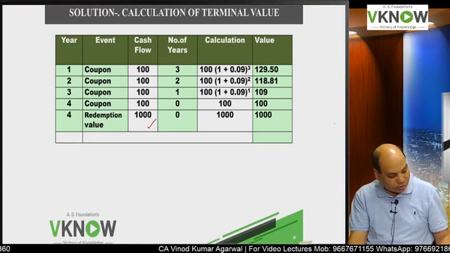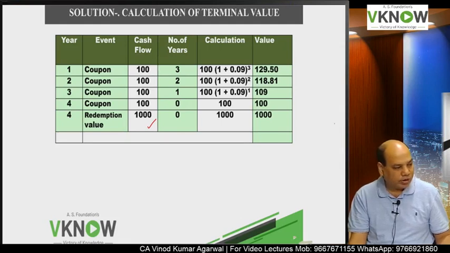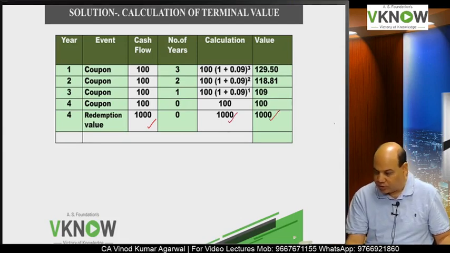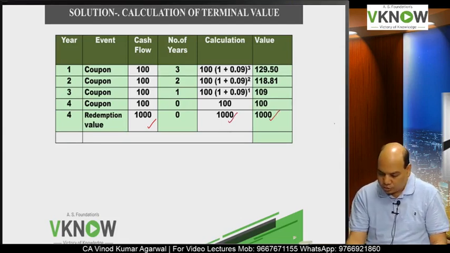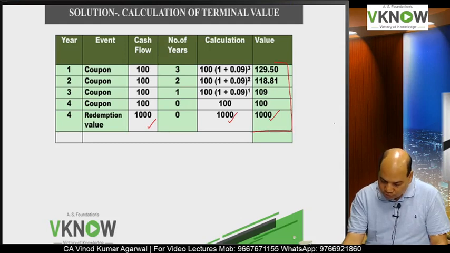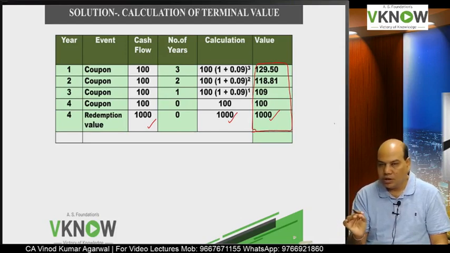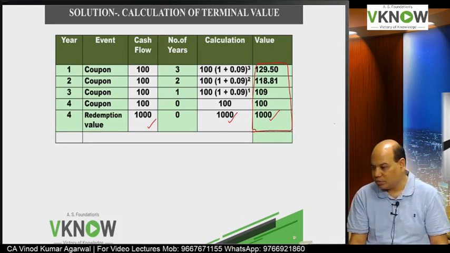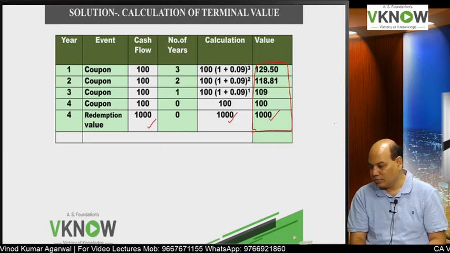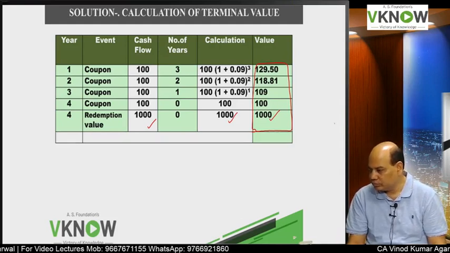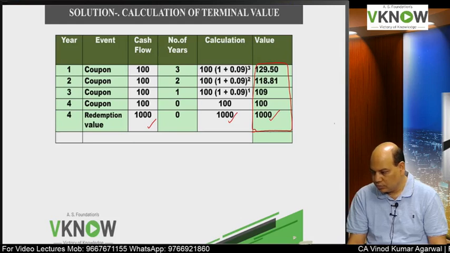If the question is not clear about redemption value, always assume redemption will be at par. So 1000 rupees will not be invested. It will remain with us. So what you do? Take the total of this last column. This is the amount we will get if all cash flows are invested at 9%. Okay. So please tell me what is the total?